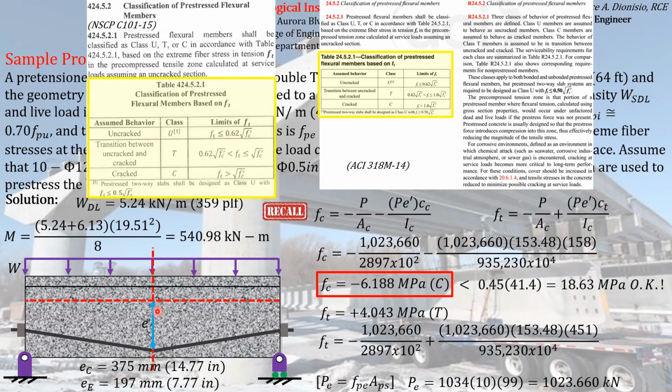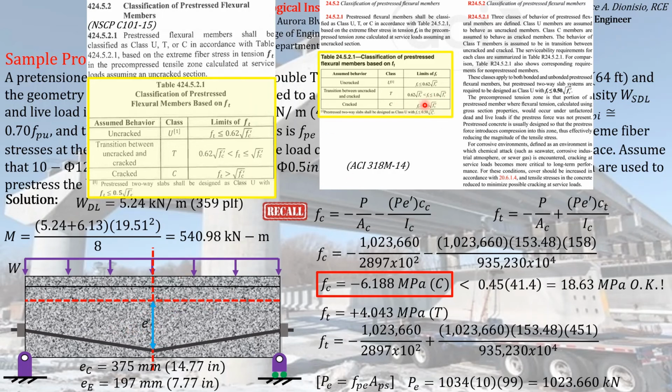We don't want cracks to occur on our concrete element as it supports its intended service loads that are supposed to be carried by it. So we don't want it to experience cracking. And according to this table, if the tensile stress acting on the concrete element at service loads is greater than square root of f'c, then we can already consider it as cracked.